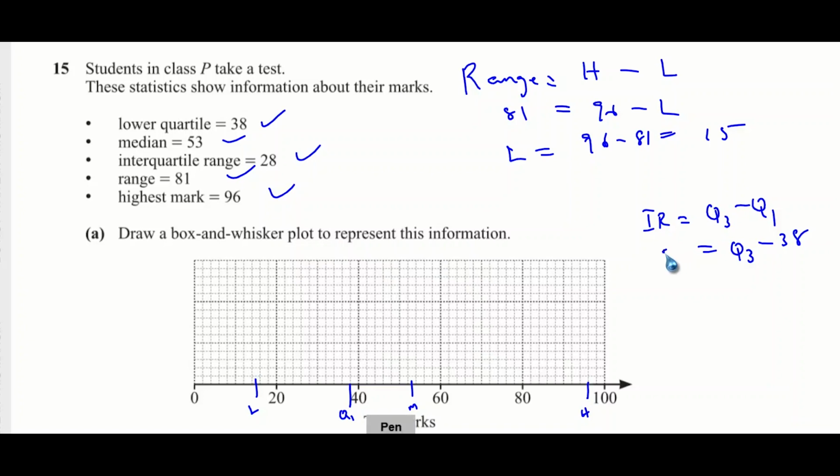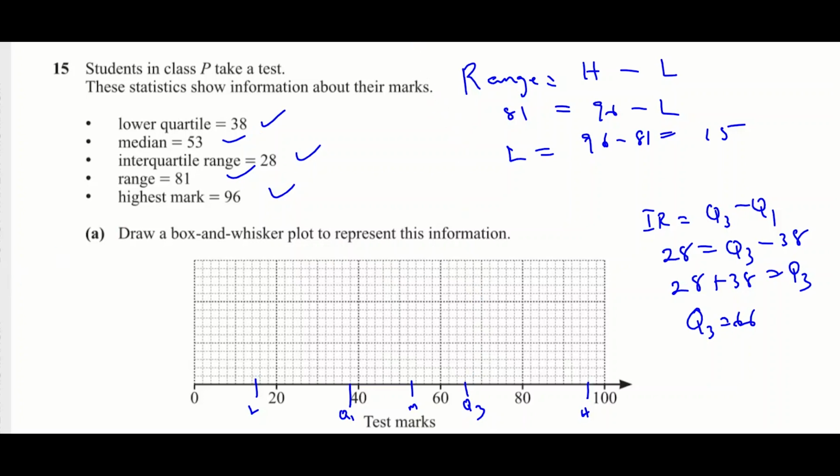I want to get Q3, so it will be 28 plus 38 equals Q3. So the upper quartile is 66. This is 60, 62, 64, 66. So Q3 should be here.